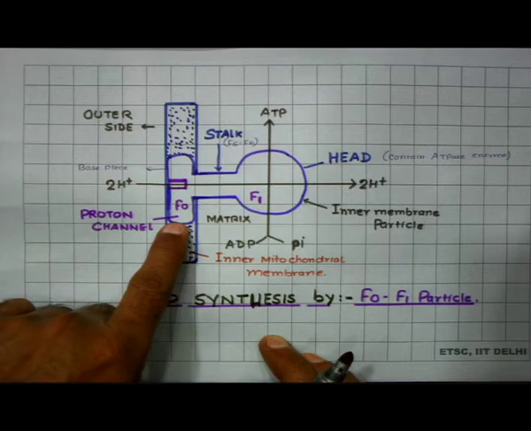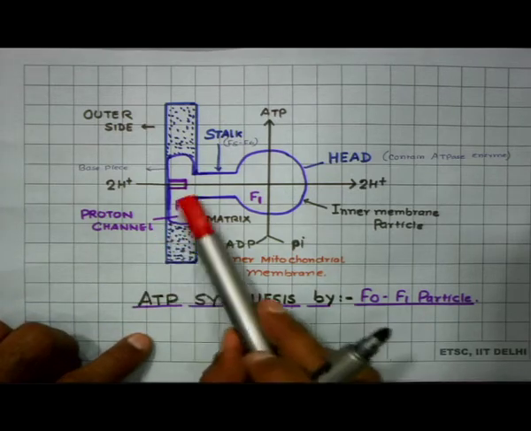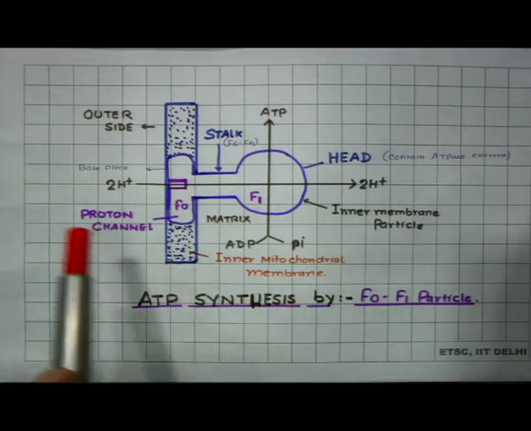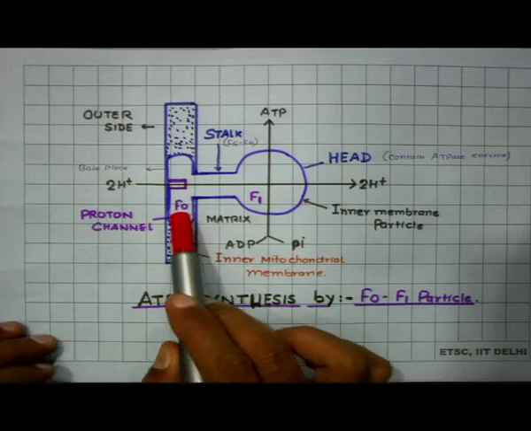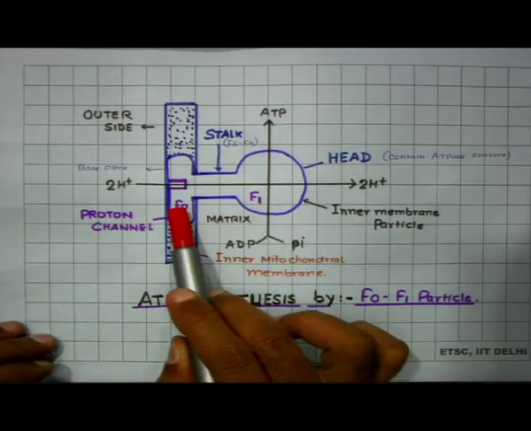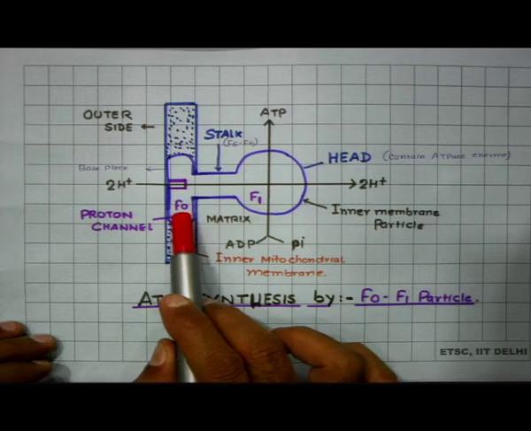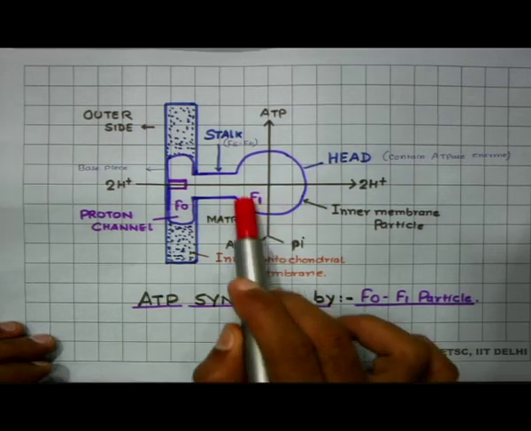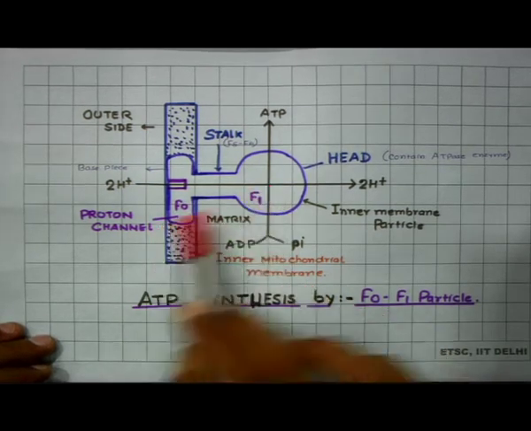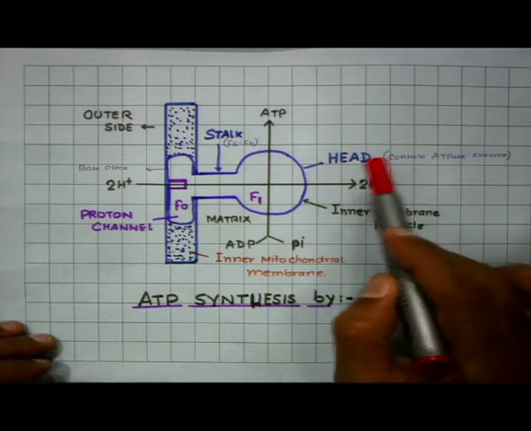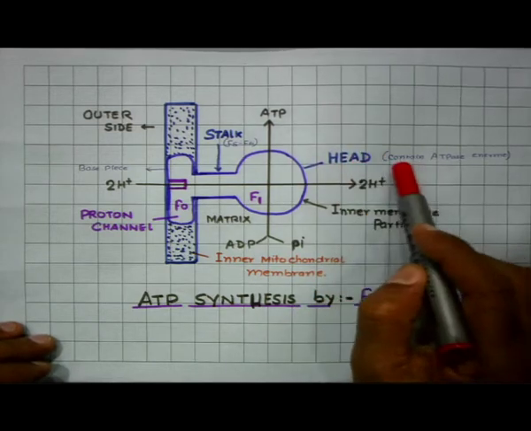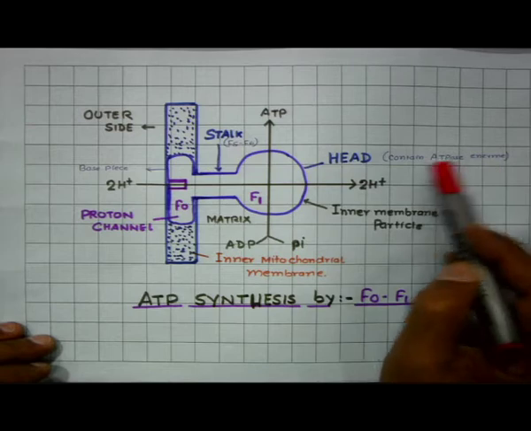Here are the proton channels, and the oxysome is made by two particles, F0 and F1. This one is the head. This head contains the ATPase enzyme.